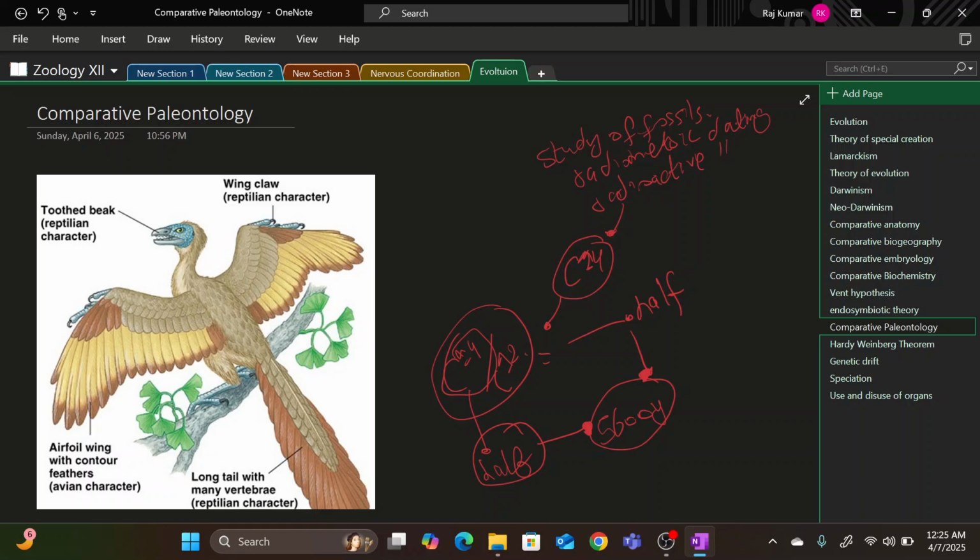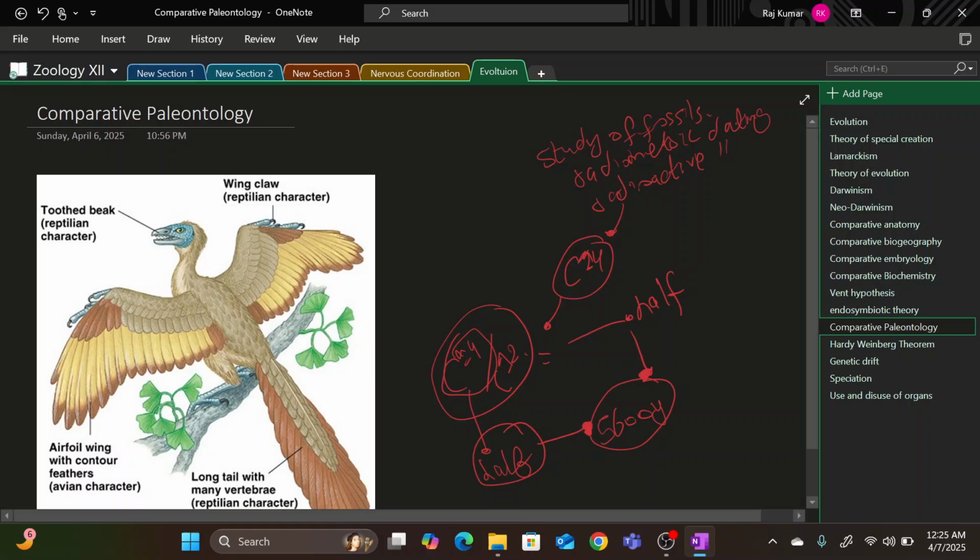And let's say the C14 to C12 ratio decreased to one fourth. At that point, the organism would be around 11,200 years old, because two half lives would be completed by one fourth of the C14 sample.